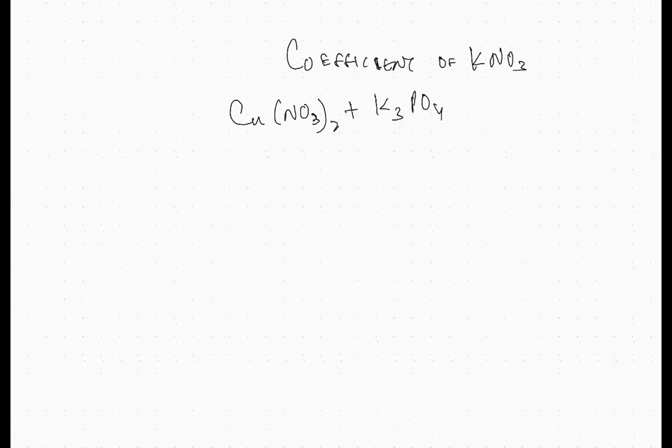All right, I have here again another coefficient question. Coefficient of KNO3, potassium nitrate. Let's see. So the phosphate plus KNO3. Okay. Now when you get this parenthesis and all, it might confuse.